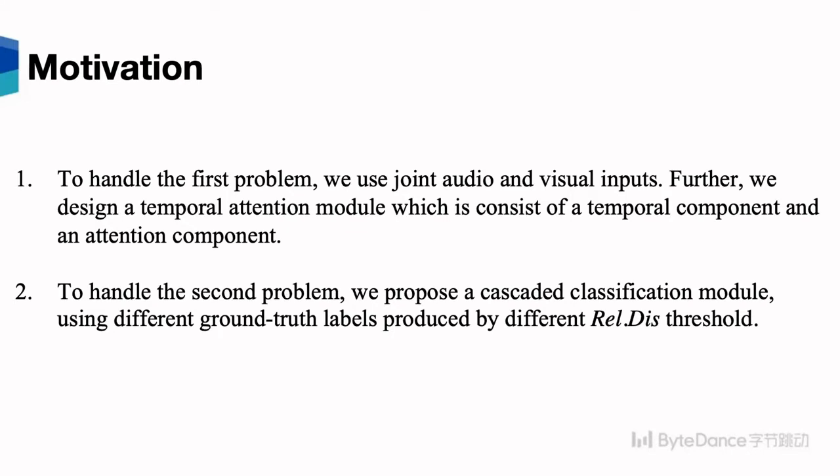To handle the first problem, we use audio and visual inputs. Further, we design a temporal attention module, which consists of a temporal component and an attention component. To handle the second problem, we propose a cascaded classification module using different ground truth labels produced by different relative distance thresholds.